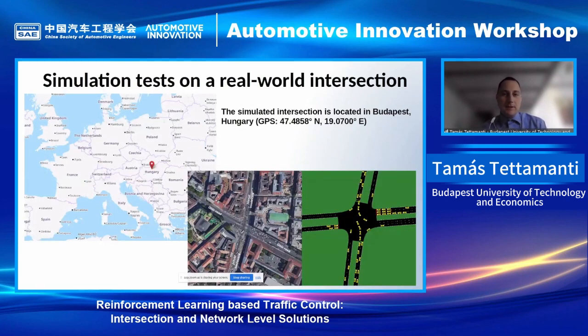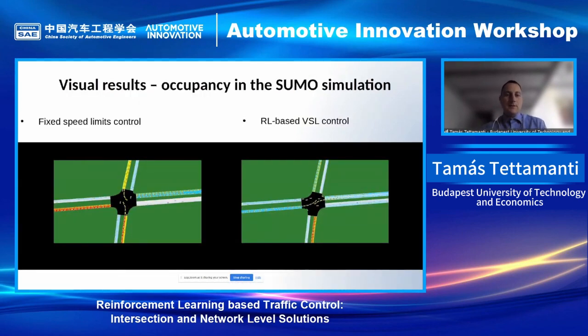We did the simulation tests on a real-world intersection. So we chose a Budapest intersection. Here you can see the location. This is a quite big intersection with several lanes, with several turning options, and we programmed it with the real-world signalization. And here you can see some results with the current fixed speed limits control, what happens normally in this intersection in the morning.